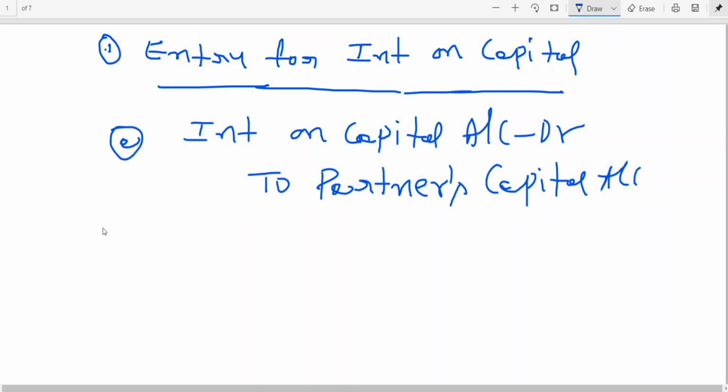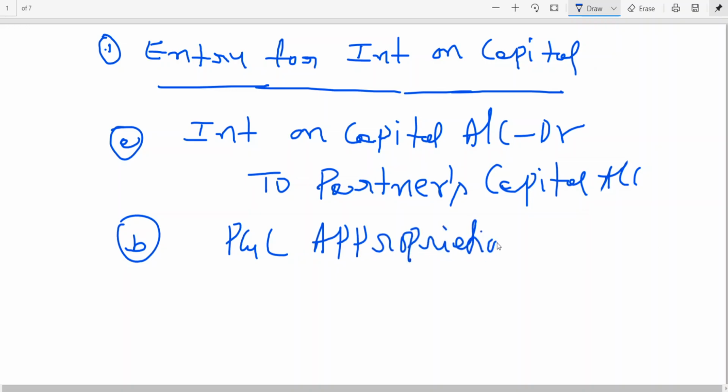Then the entry for transfer of interest on capital: P&L appropriation account debit, to interest on capital account.